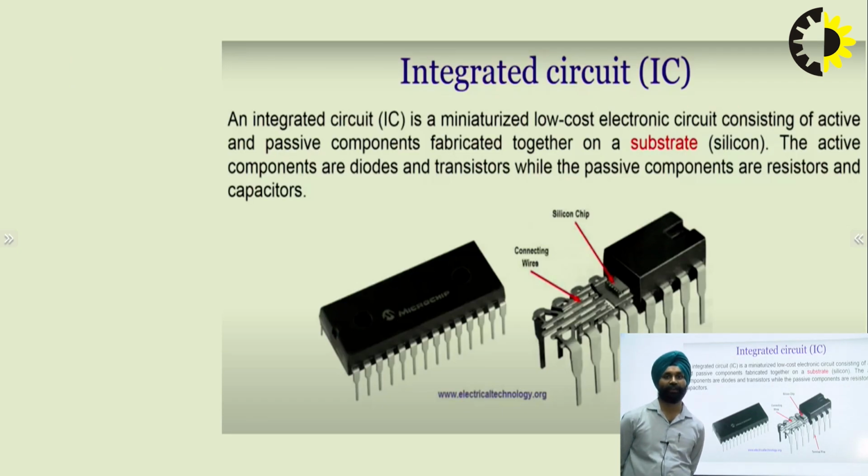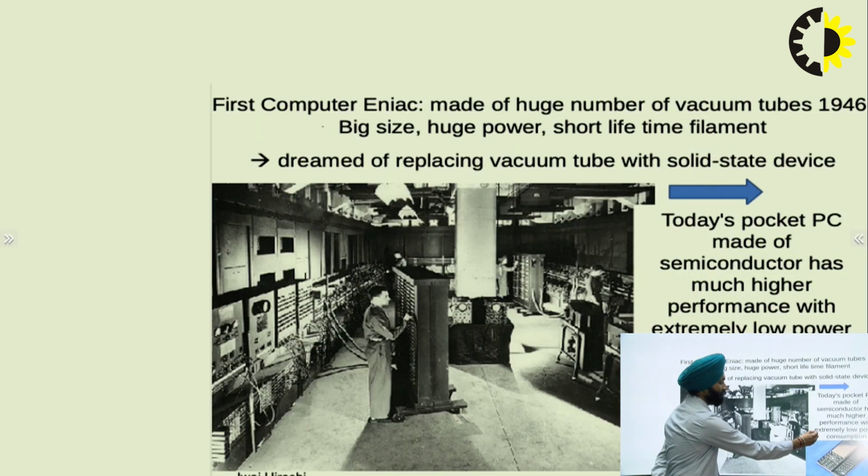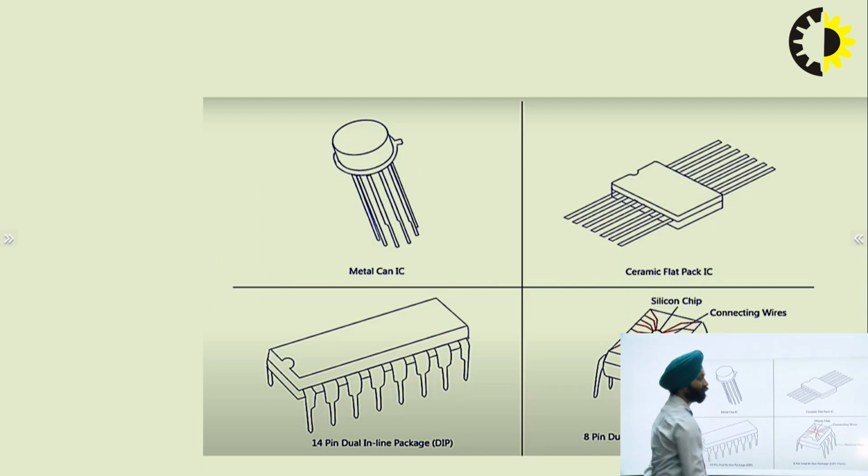If we are discussing an IC, this is a typical IC which contains a silicon chip here and metal contacts at the other sides for the connection between the ICs.